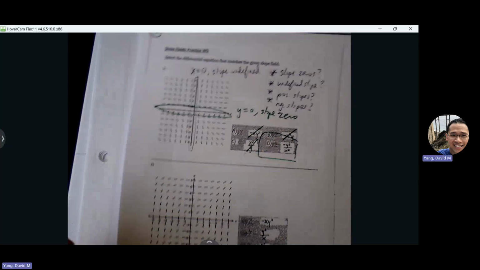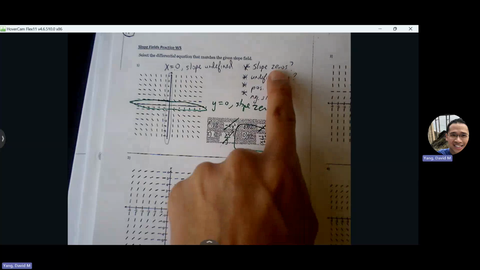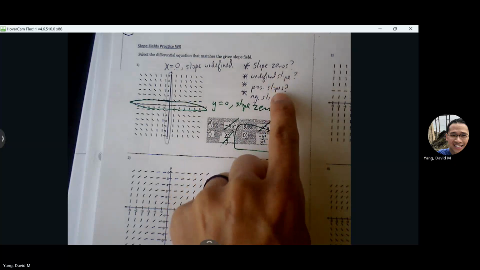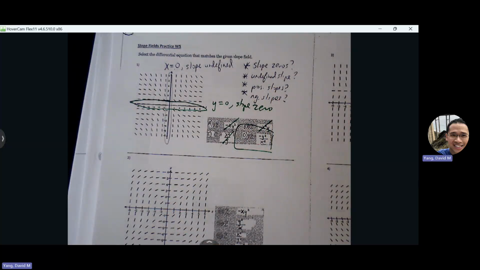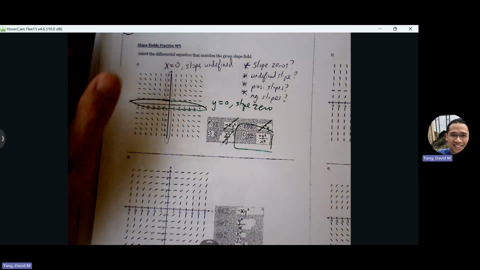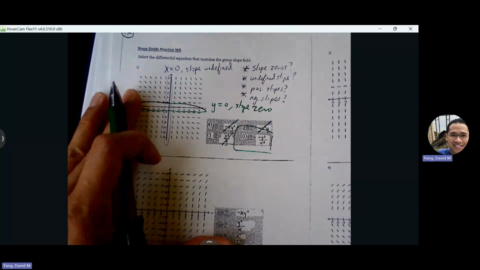So why don't you try number 2, see if you can identify locations where you see properties, and then try to eliminate some wrong choices as you look through.